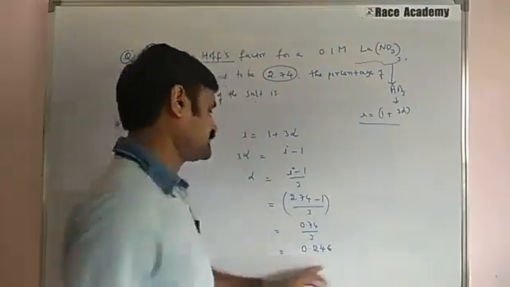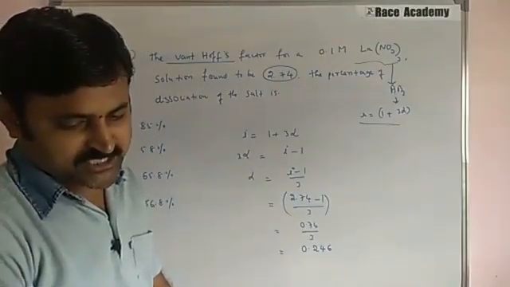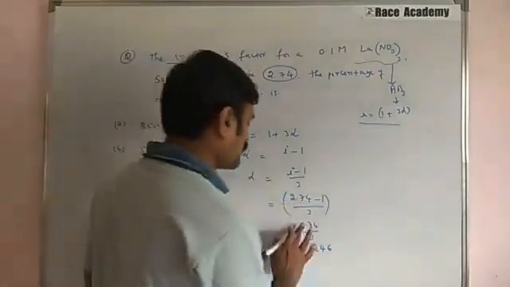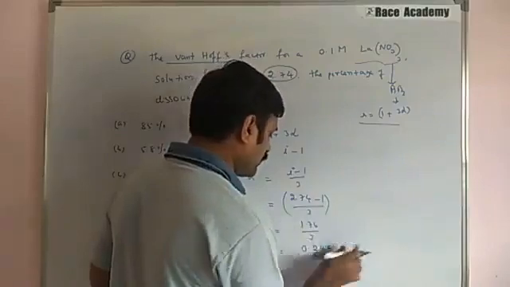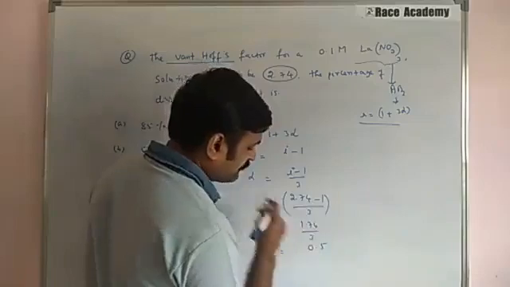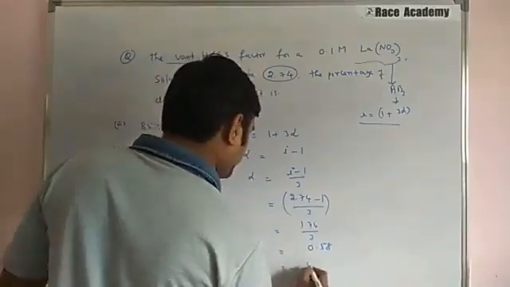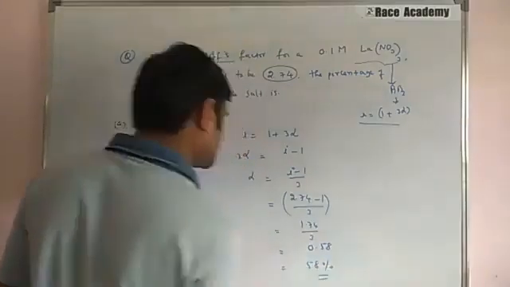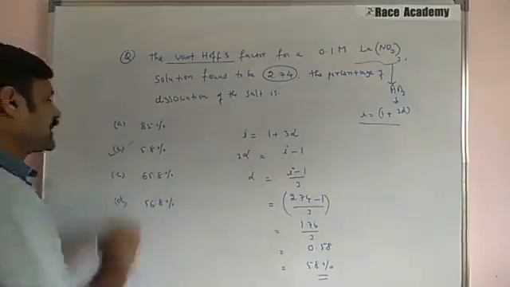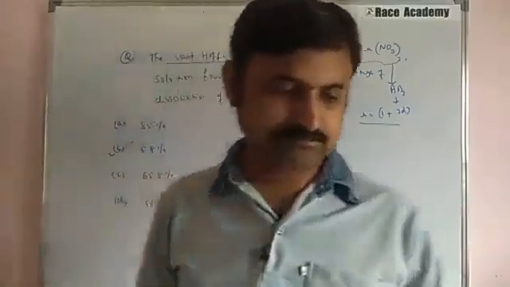So we will get 1.74 only, sorry, it will be 0.58. 3 5s are 15, 24, 8. So you got 58%. So what is 58%? Second option. So the second option is the right option for this problem.